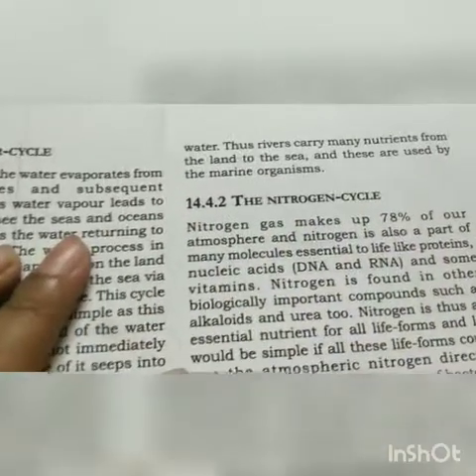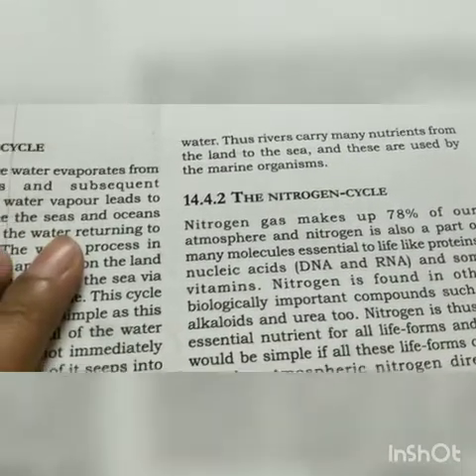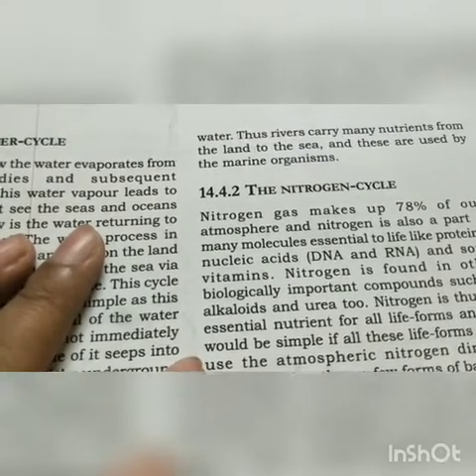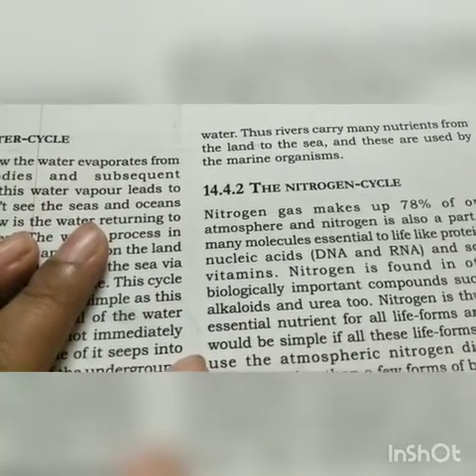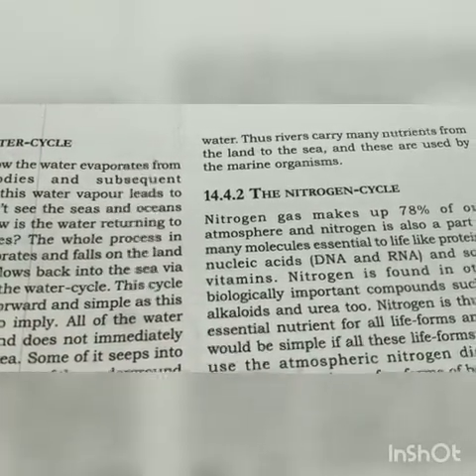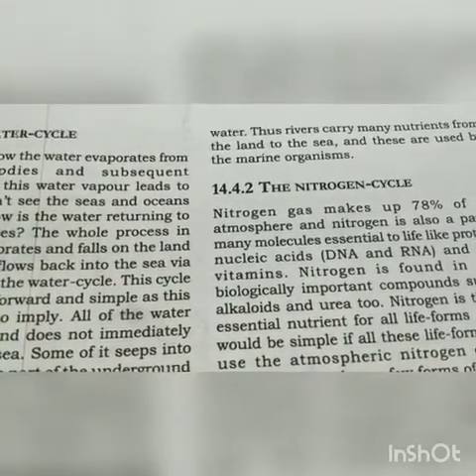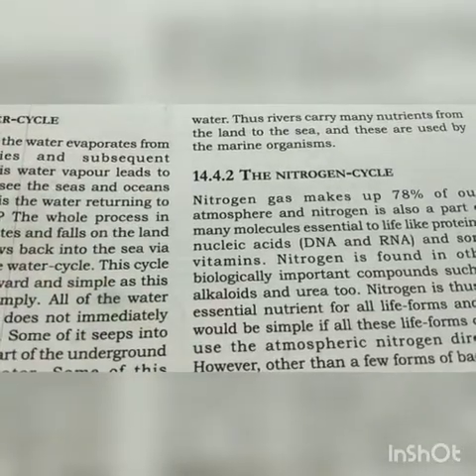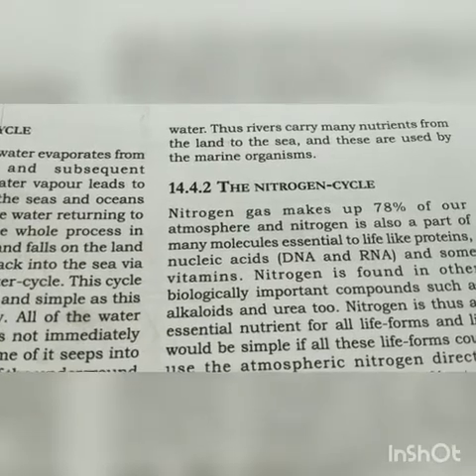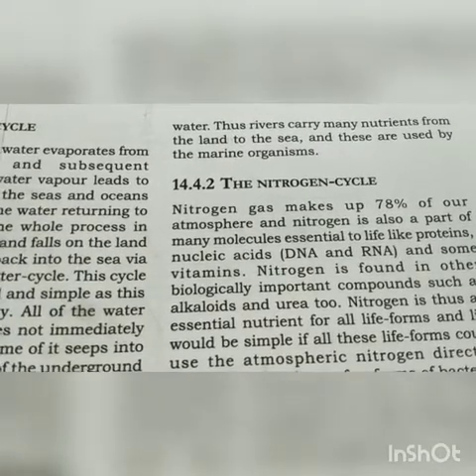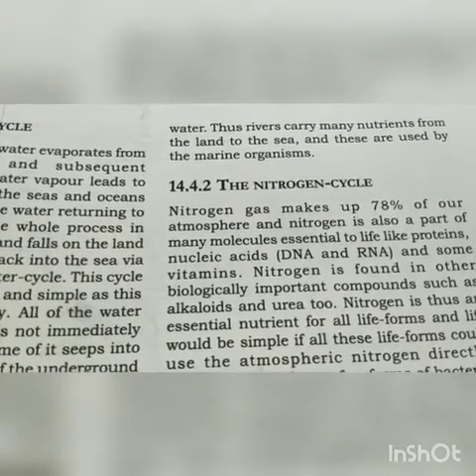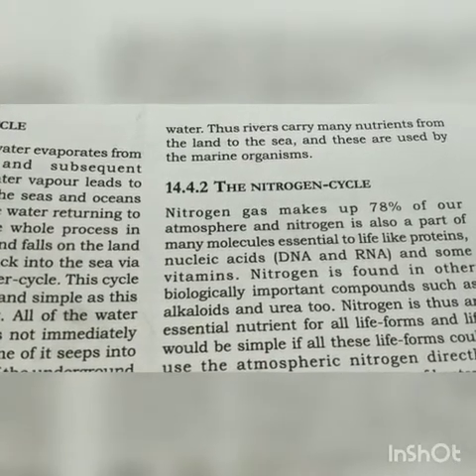So, while flowing from the land to the water bodies, the water dissolves the minerals found in the land, and carries those minerals or nutrients to the sea or the ocean, where they are used by the marine organisms. Okay.